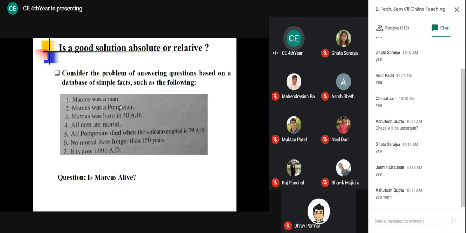Marcus was a man. Marcus was a Pompeian. Marcus was born in 40 AD. All men are mortal. All Pompeians died when the volcano erupted in 79 AD. No mortal lives longer than 150 years, and it is now 1991 AD. Now the question is: is Marcus alive?